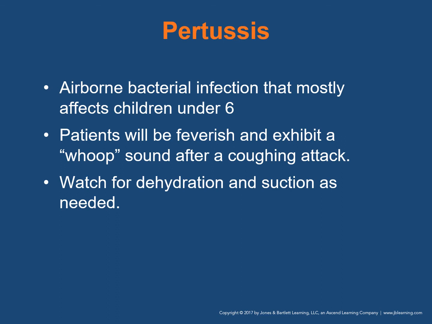So they'll cough, cough, cough, hack, hack, hack, turn colors, not able to catch their breath, all that stuff. And then they'll be trying to breathe in, and because of that obstruction, whoop, they'll sound like they're whooping. So that's why it's called whooping cough. People who are at risk are, again, immunocompromised folks.